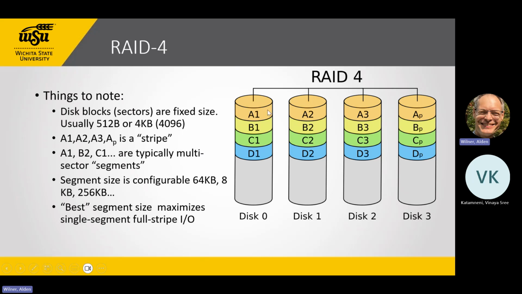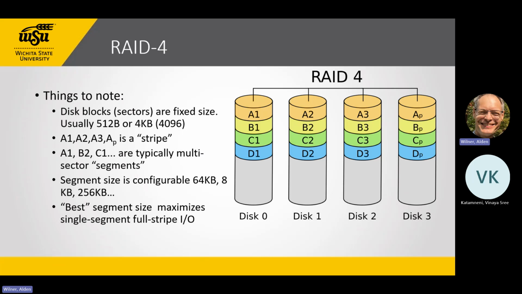In any case, A1, A2, A3, A4, AP going across, that is called a stripe. So there are 4 stripes colored here. Within each disk, the piece of the stripe that is on that disk is called the segment. So A1 is a segment, B2 is a segment. Each of these different colors on different drives is a segment.